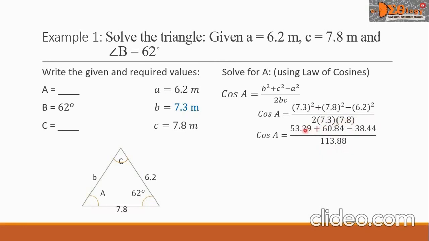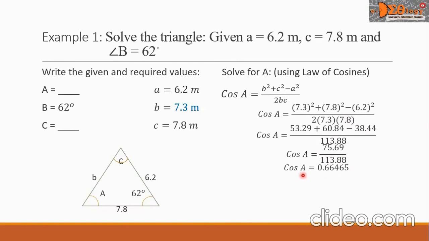Now let us simplify the numerator. So this 53.29 plus 60.84 minus 38.44, we will get 75.69 all over our denominator 113.88. Let us get the quotient. We will have 0.66465 rounded to 5 decimal places.